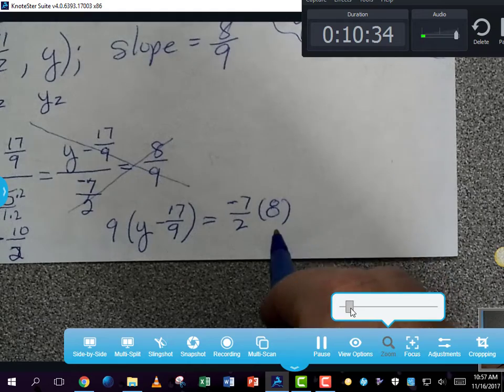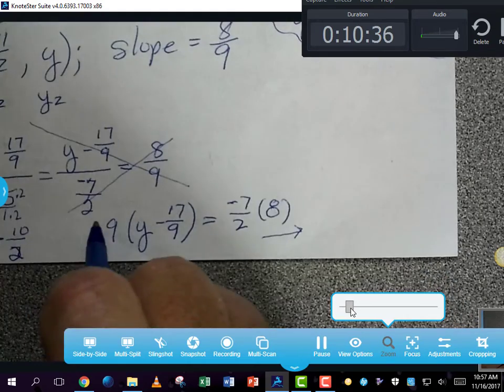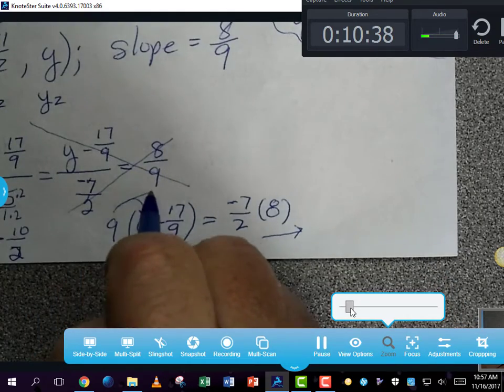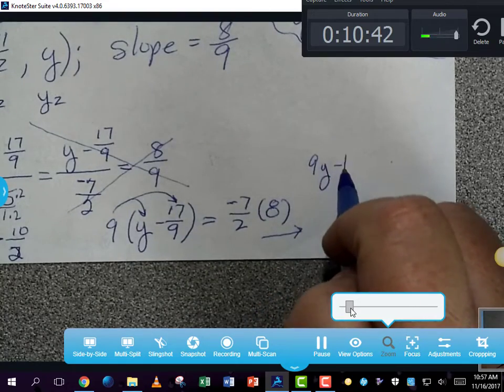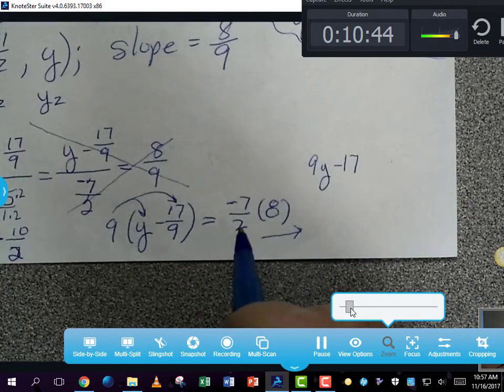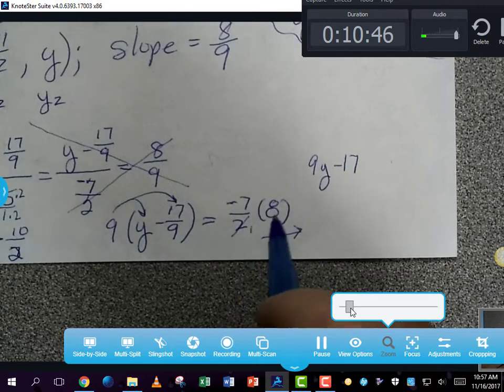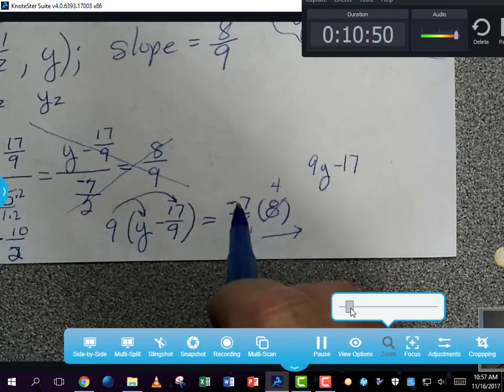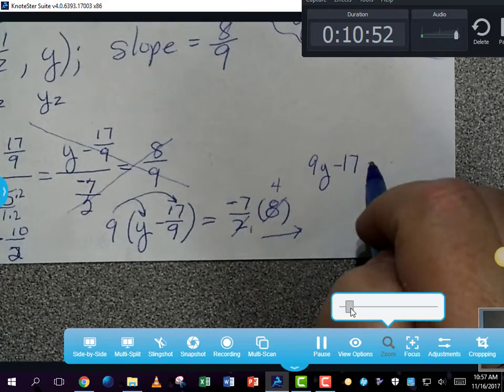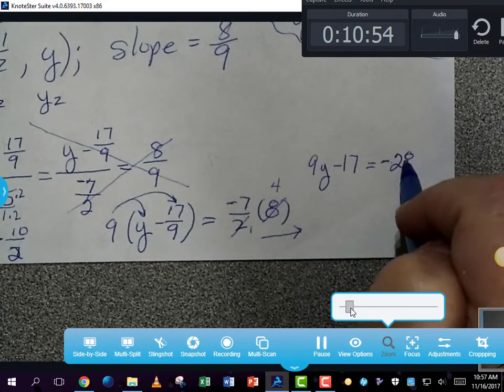I think I need to work this way for some space. So I'm going to multiply this out. I will get 9y minus 17. And then over here, 2 goes into 2 once, 2 goes into 8 4 times. So I have negative 7 times 4. So that's going to equal negative 28.